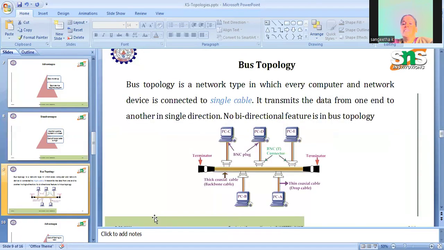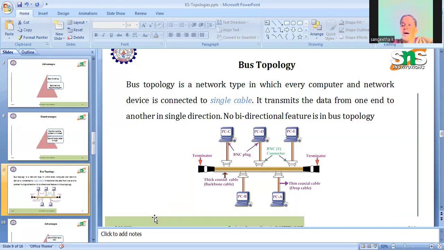Bus topology: each node is connected to a single backbone cable. Each and every device is connected with that cable. The channel capacity is shared by the connected nodes, and the channel ends with a terminator. With the help of drop lines and taps, the devices are connected by puncturing the main cable.